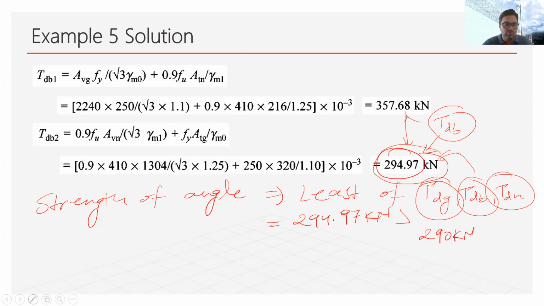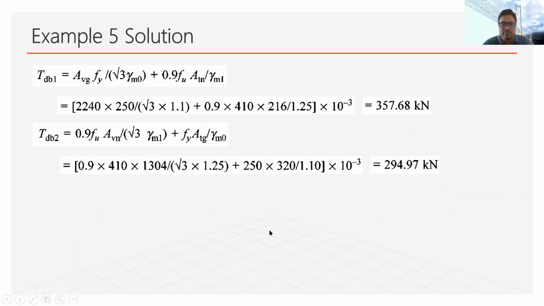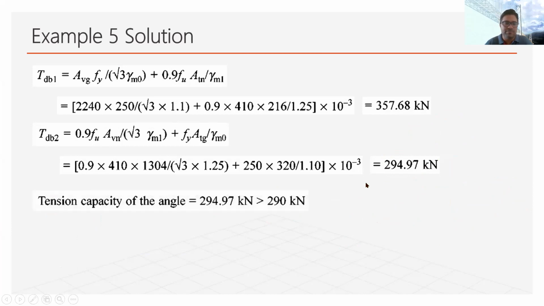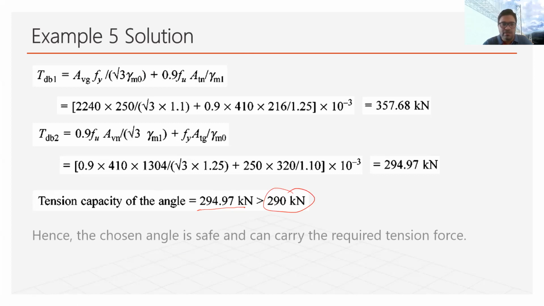So I am showing you that here. So tension capacity of angle is 294, which is the least of TDB, TDG and TDN, and it is more than 290 kilonewton. So we can say that the angle which we have chosen from the steel table will be safe and it can carry the required tension force.